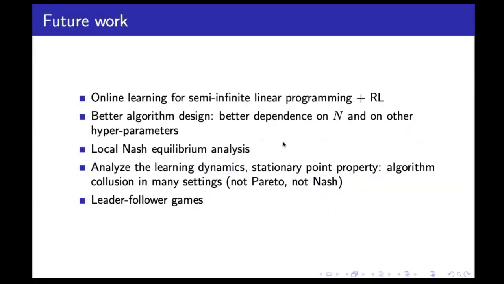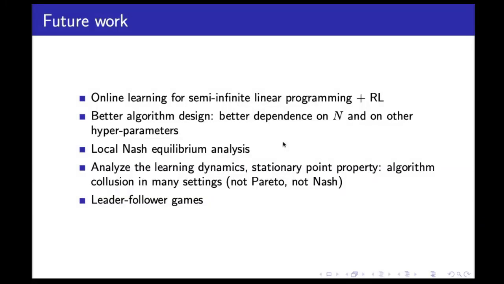Finally, some thoughts on possible future work. So far, this semi-infinite linear programming can only be solved when we know the environment, when we know the transition probabilities. But an interesting future direction is: can we solve this semi-infinite linear programming in a data-driven way, combining online learning and reinforcement learning, so that whenever we have a Markov game, we can know what alpha is and what the alpha Nash policy is?